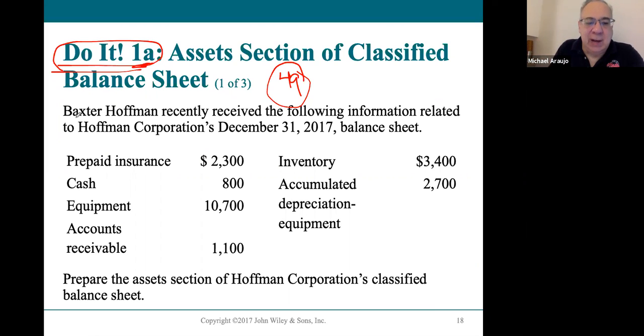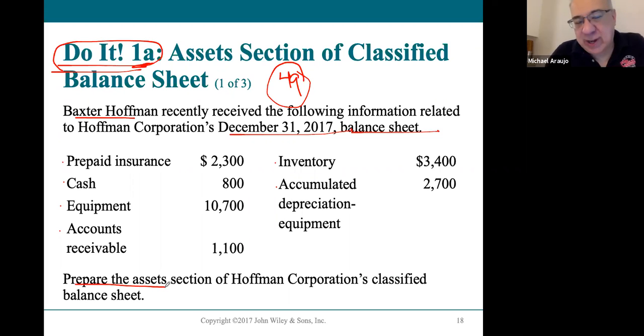Here we have Baxter Hoffman is the name of the company. They have the following information for December 31st, 2017. And here are the accounts: prepaid equipment, prepaid insurance, cash, equipment, accounts receivable, inventory, and accumulated depreciation on your equipment. And they're asking you to prepare the asset section.